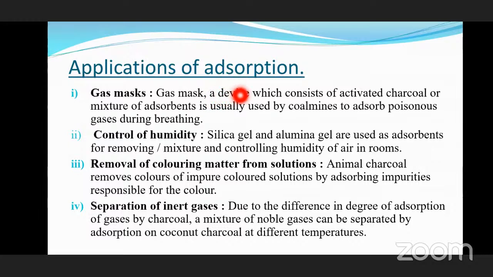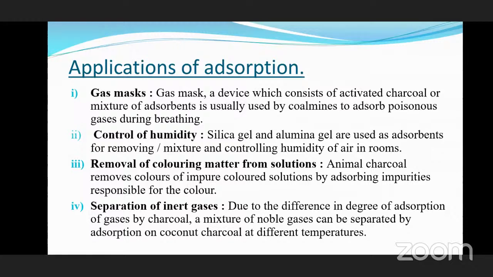Because the mask adsorbs the poisonous gases like carbon monoxide and sulfur dioxide gases. So that's why the adsorption process is available there. Okay, it is very important. This is about the gas mask.